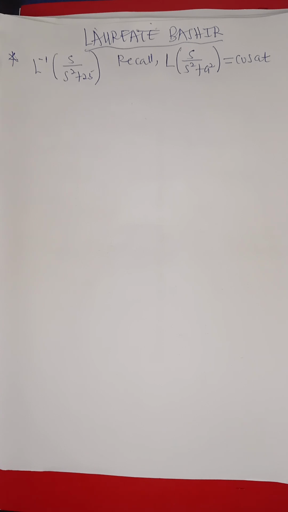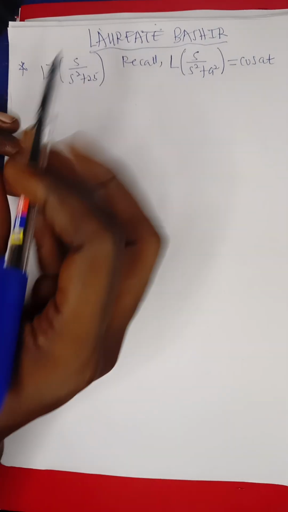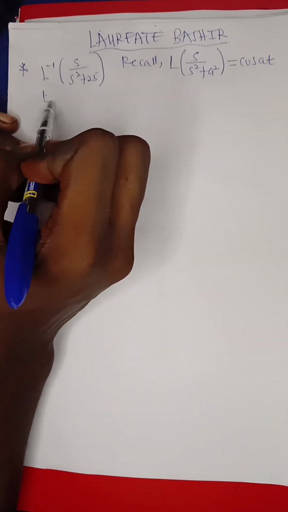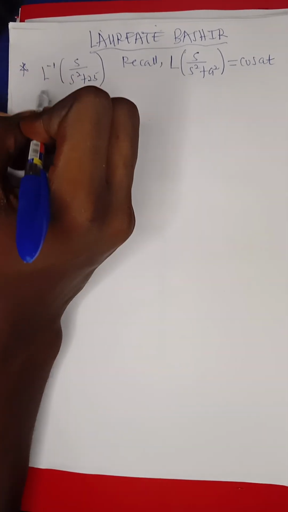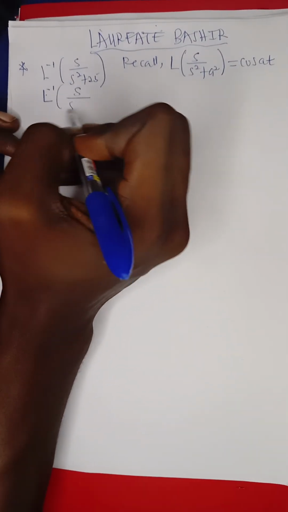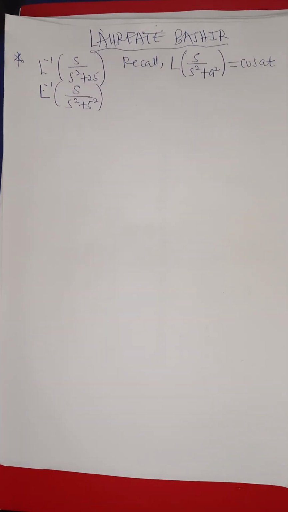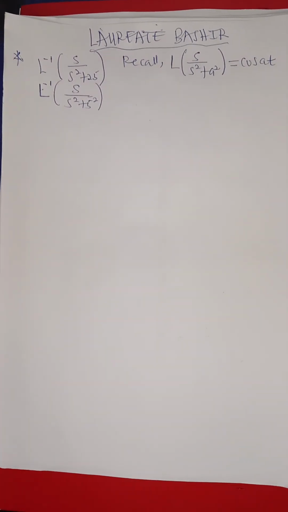So if this thing resembles that, you can write it as the Laplace inverse of s over s square plus 5 square, because 25 is 5 square, right?